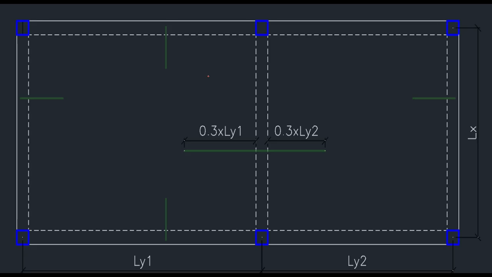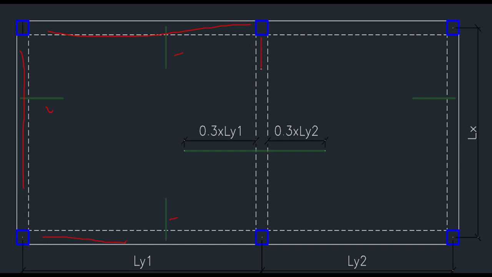So let's now move to another situation when the slab is continuous in one end. You can see now that this end of the slab, this end, and this end, the three of them are not continuous because there is no slab attached to them.